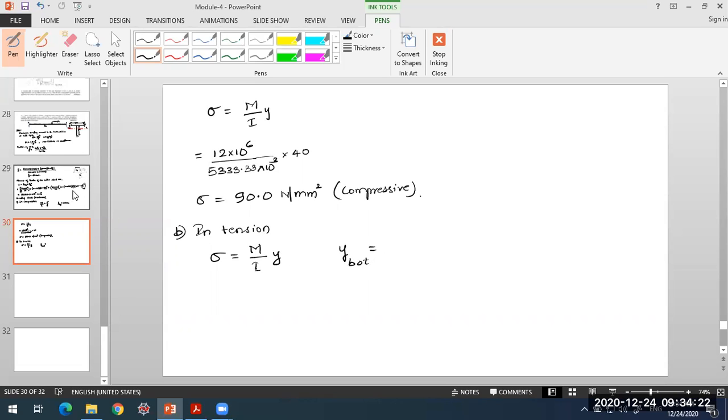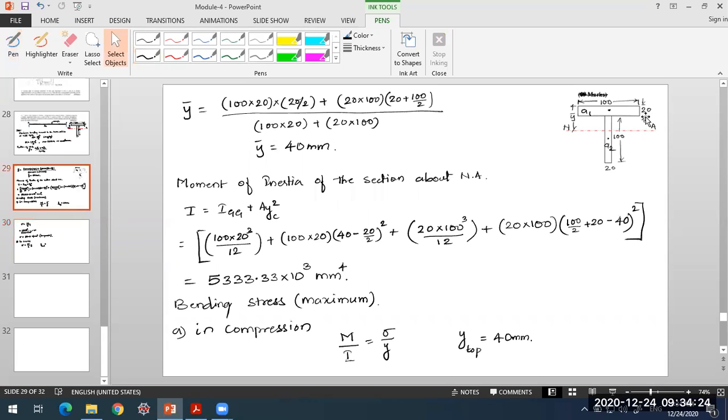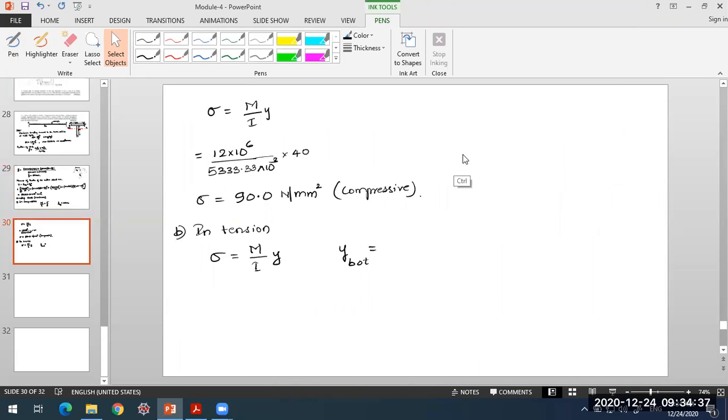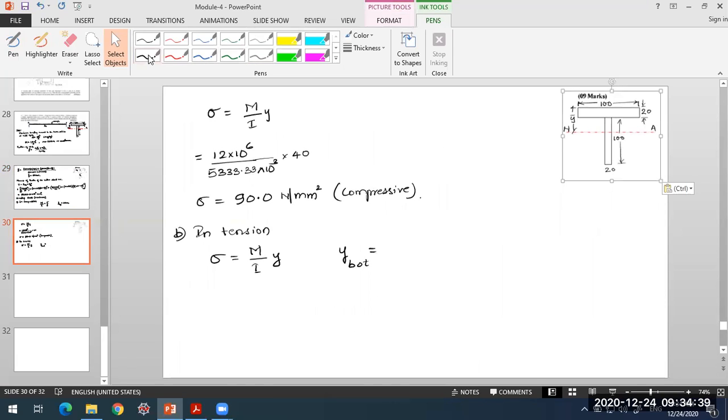How much does that come out to? So this overall depth is 120. If I deduct y bar from this overall depth, I'll get the maximum distance of the fiber towards the bottom of the section.